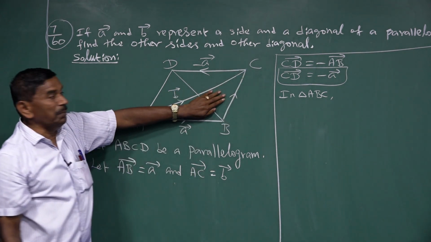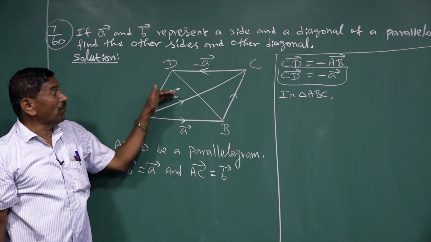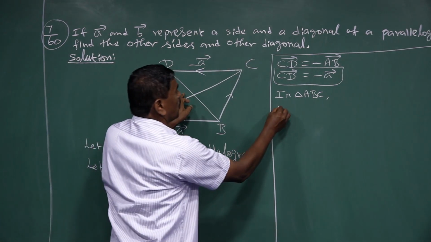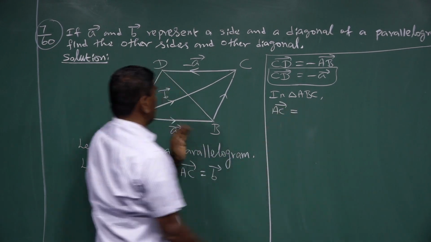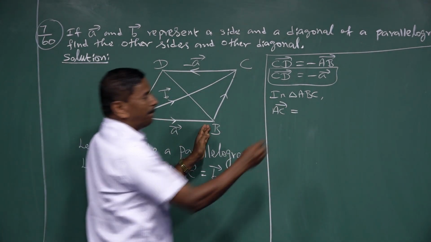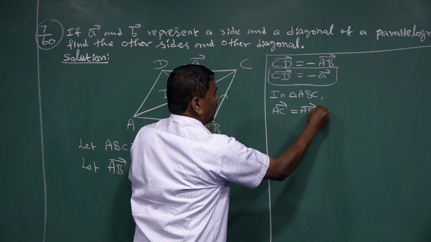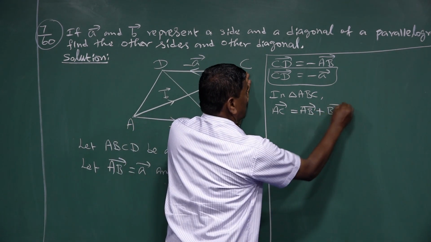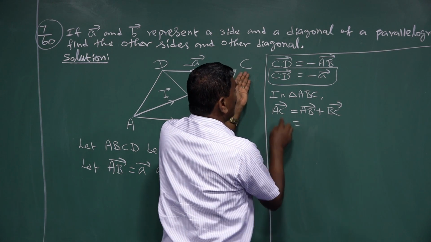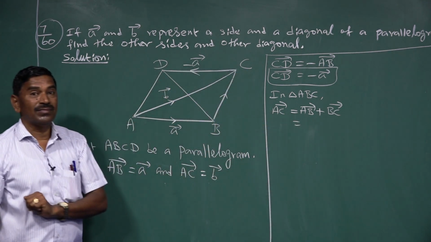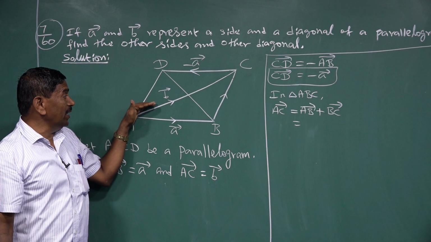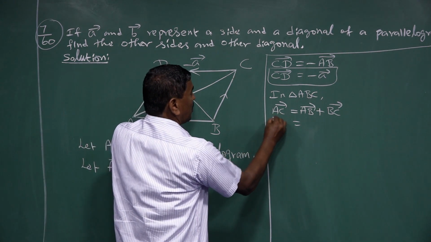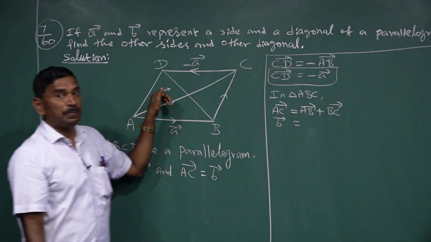So in triangle ABC, vector AC is equal to vector AB plus vector BC. What is vector AC? Already we have taken vector AC equal to vector b. Very good.